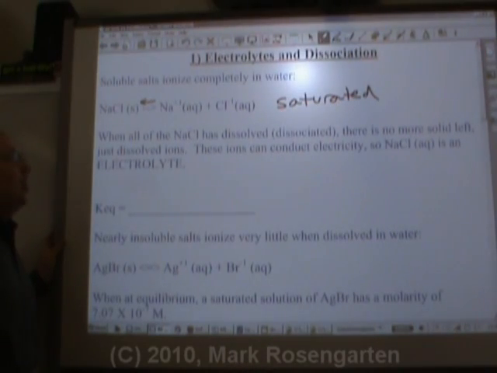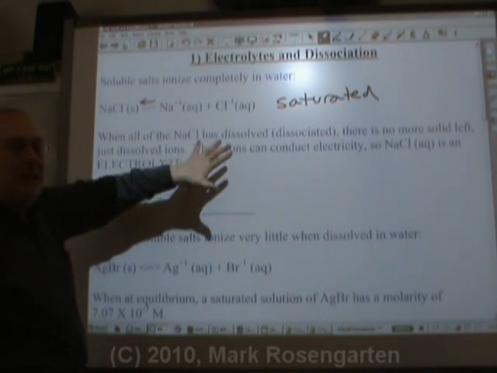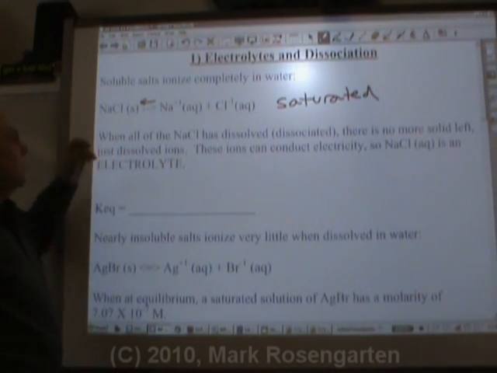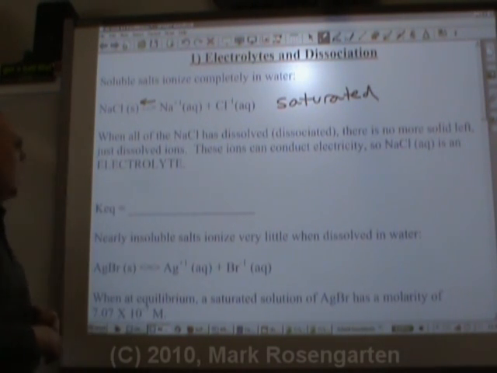Now, when you just reach the saturation point, if you've done it perfectly, you'll have no salt and just ions. If you go just a tiny bit beyond that, that's when you start to reform sodium chloride. That was your over the saturation line.